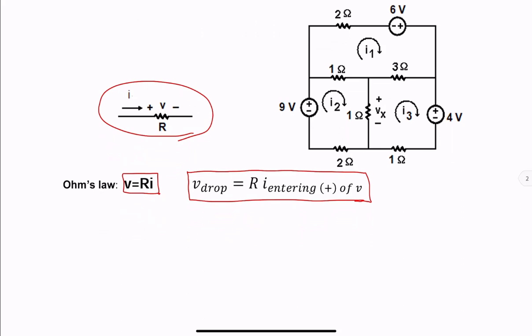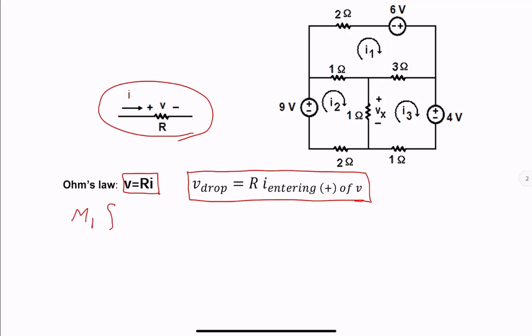Let us write the mesh equations for the circuit. Starting with mesh 1, let us start at lower left corner of the mesh and go in the direction of mesh current so we don't miss any of the elements.